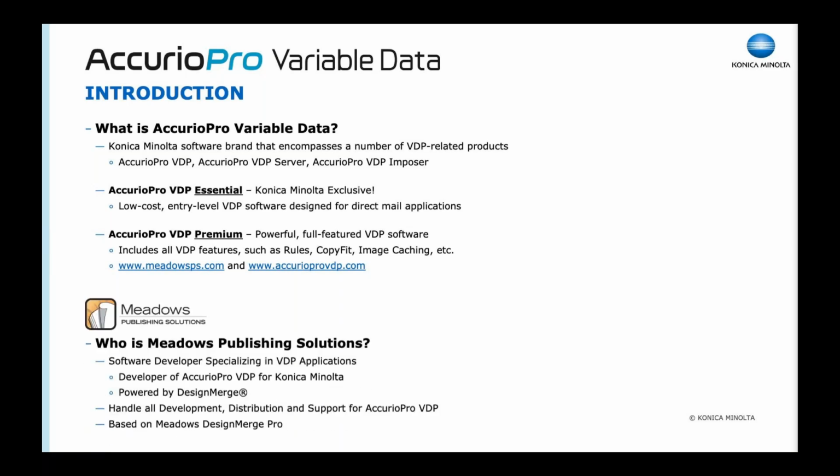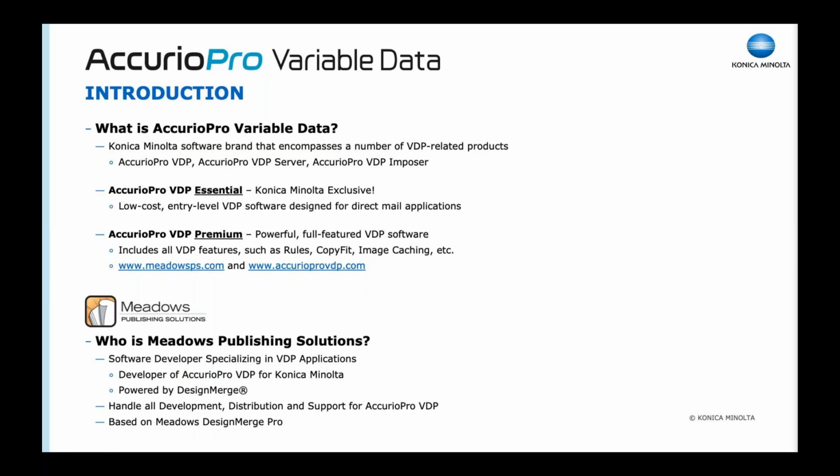So you might be wondering, how does Meadows fit into the picture here? Well, who is Meadows? We're a software development company located outside of Chicago, Illinois. And we specialize in variable data applications, data publishing applications. And we are the developer of AccurioPro VDP for Konica Minolta. Now, if you have the software already, you may notice this logo pops up in the splash screens, etc., powered by Design Merge.